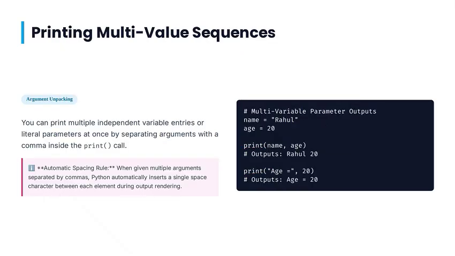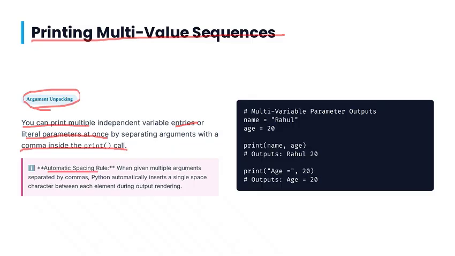Then comes printing multi-value sequence. Argument, it is also known as argument unpacking. You can print multiple independent variable entries or literal parameters at once by separating arguments with a comma inside the print call. Automatic spacing rule.